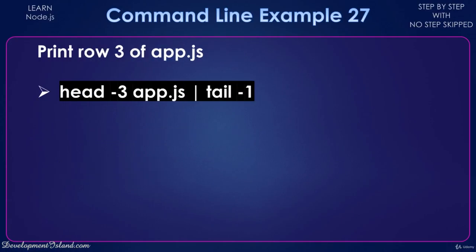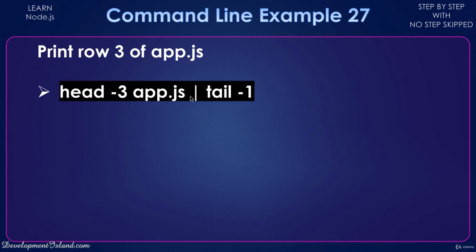Now it gets introduced to the piping concept. The piping concept is when you use the output of a certain command as the input of another command. So here we are trying to print row 3 of our file server.js or app.js.